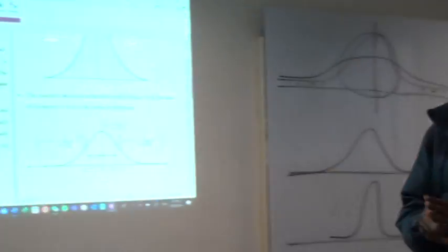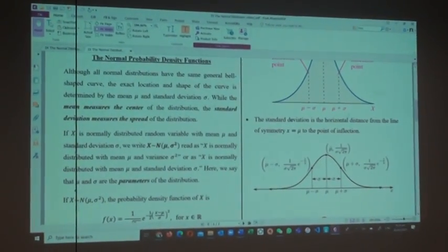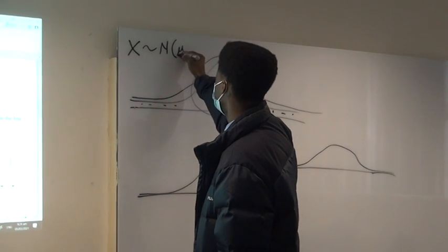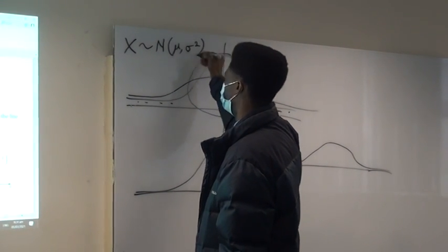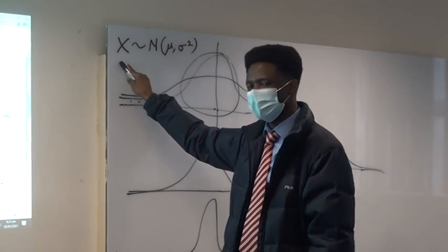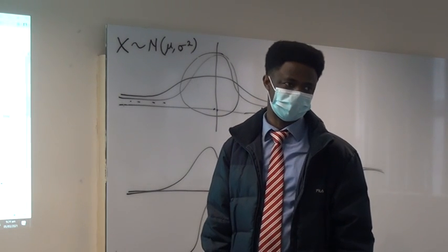Now, this is the notation you might want to watch out for in your exam. When you see N with this symbol, followed by the mean, then you will often at times see the variance, sigma squared. This simply means the random variable is normally distributed.